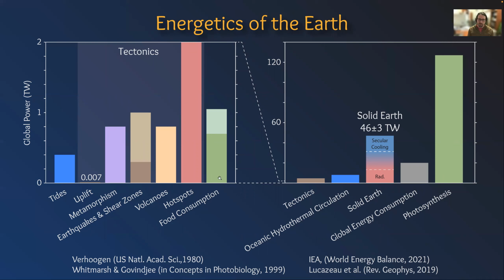If you think about the amount of food that humans consume, it's about 0.8 terawatts. So it's actually a significant fraction of the tectonic thermal budget. If we take that tectonic budget, it's a small fraction of this total solid Earth.